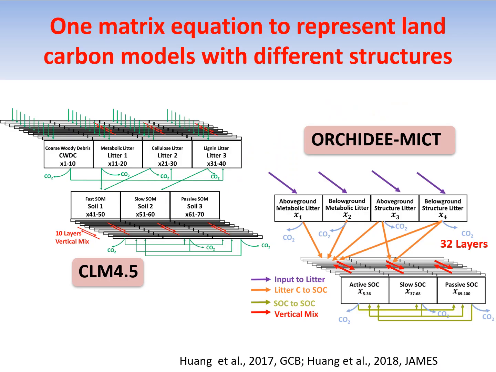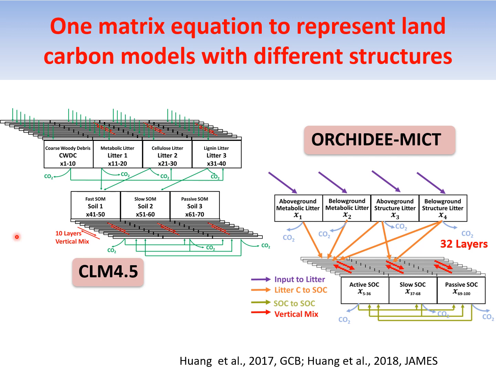Depending on the structure of the model, the matrix equation could also take a slightly different form. For example, on the left-hand side, I show the flow diagram of part of the CLM 4.5 model.